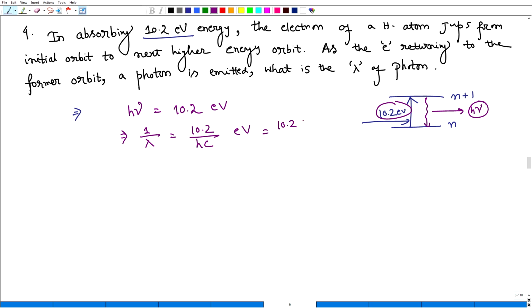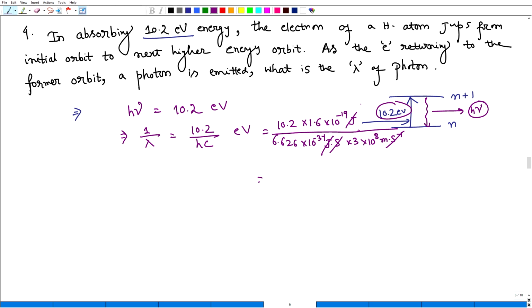So 10.2 into 1.6 into 10 to the power minus 19, this is joule, and h is 6.626 into 10 to the power minus 34 joule second, and c is 3 into 10 to the power 8 meter per second. So joule will be cancelled out.